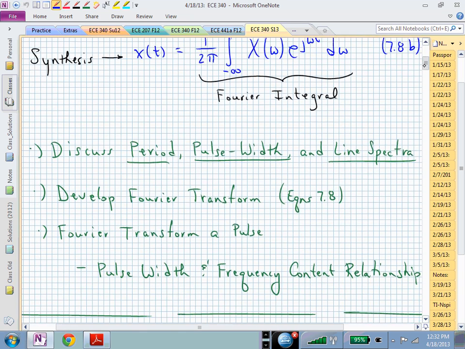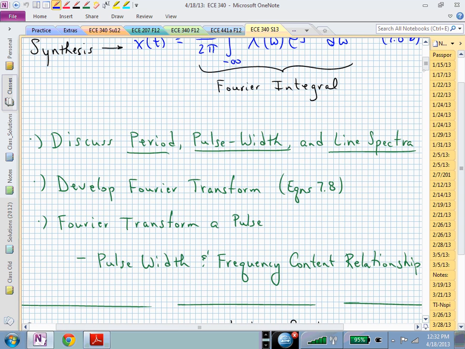To get there, what I want to do today is actually pick up with chapter 6 material that we hopefully are very comfortable with, periodic waveforms, and see what happens to the line spectra, see what happens to the frequency domain content of a signal when we have a signal that's this periodic train of pulses and we adjust either the period or the pulse width.